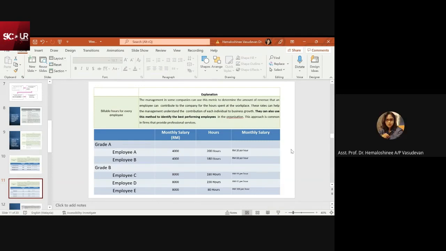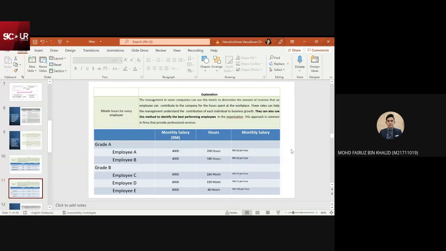What about your manager? The manager's hours will also be similar. They have better benefits, I would say, but their responsibility is different. Less working hours, but they have to be responsive through phone and email. So they fall under grade B.